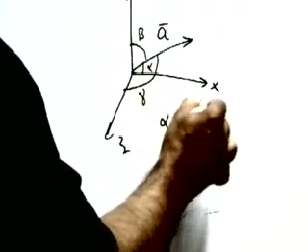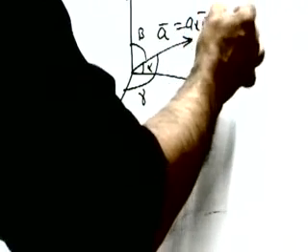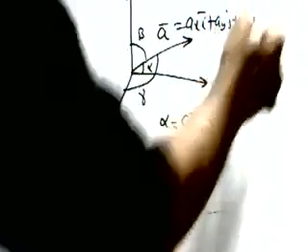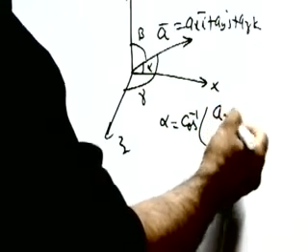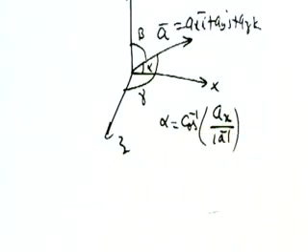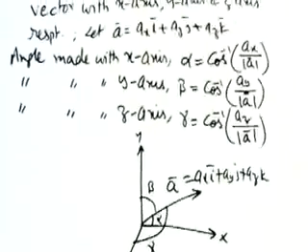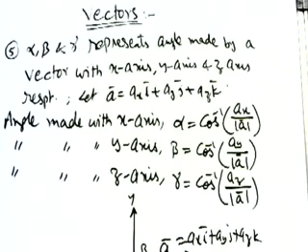Alpha, beta, and gamma represent the angles made by a vector with the x-axis, y-axis, and z-axis respectively.